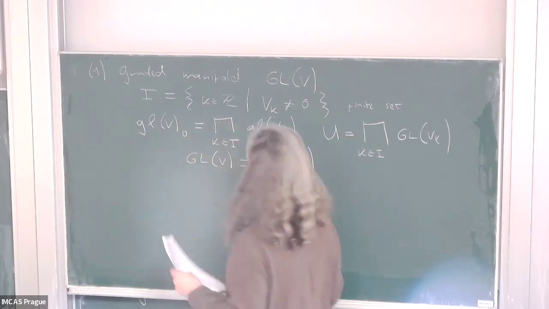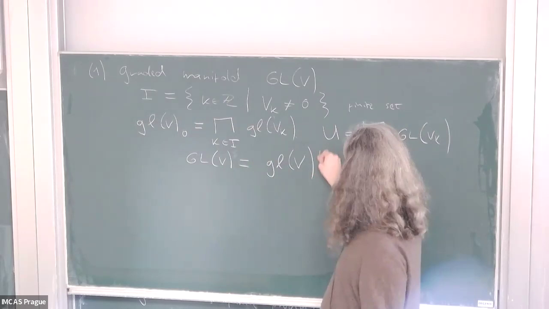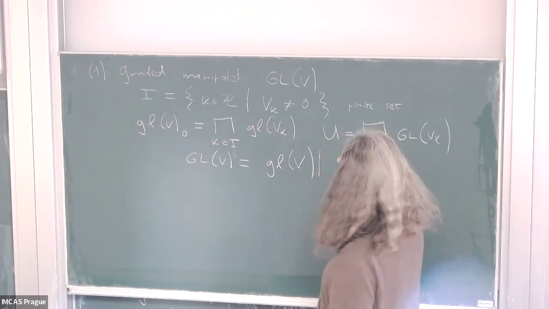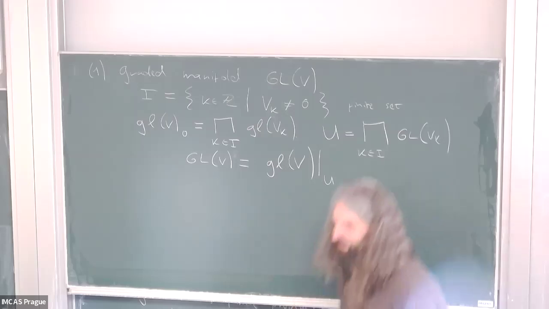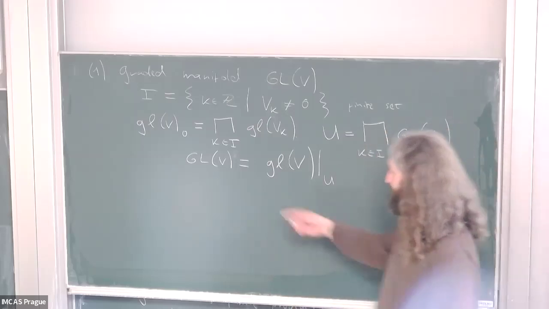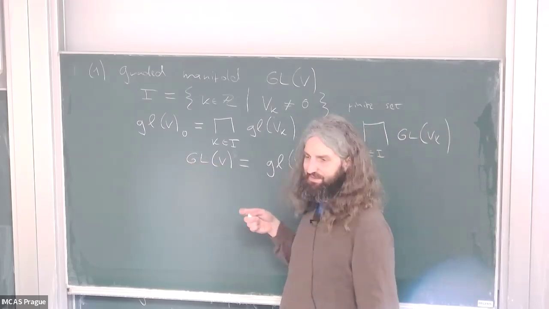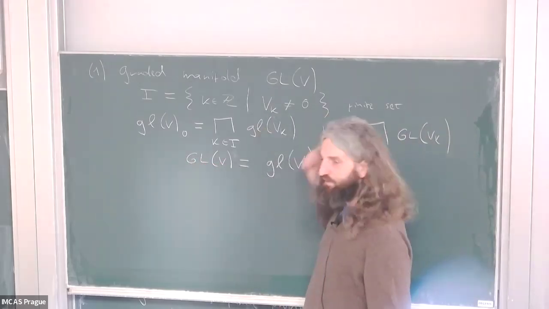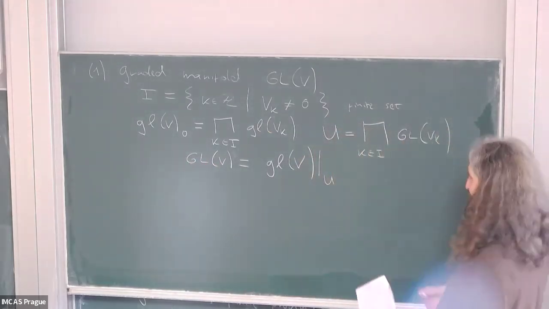Again, I'm omitting this GR functor, but you take this graded manifold and restrict your sheaf to this open set. And this is your graded manifold. So this graded Lie group GLV is just, in a sense, an open submanifold of the manifold of all linear maps. So here it is straightforward how to define the manifold itself.